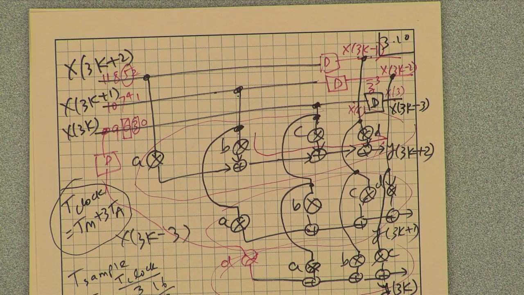So the rate at which we sample the external signal is 3 times different than the 3 parallel filter clock rate, and that's why this is a multi-rate system. There are 2 rates, one is the sampling rate and the other is the clock rate.